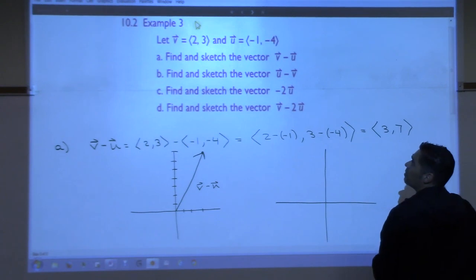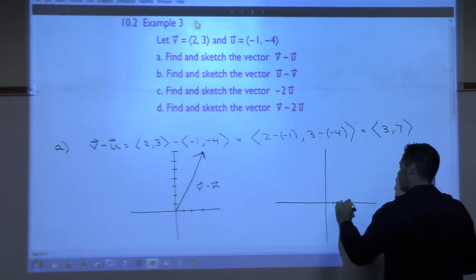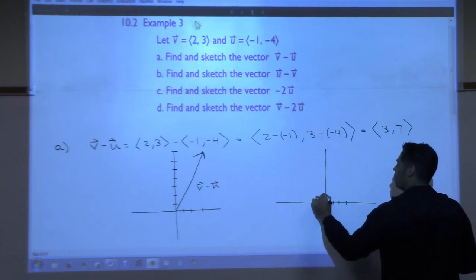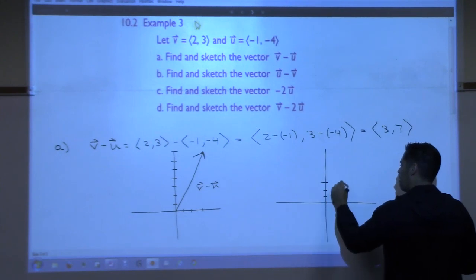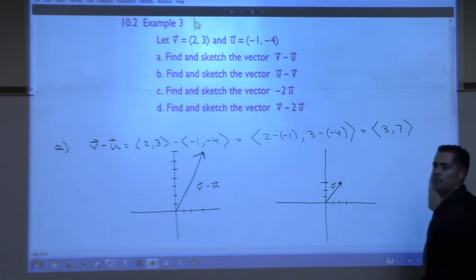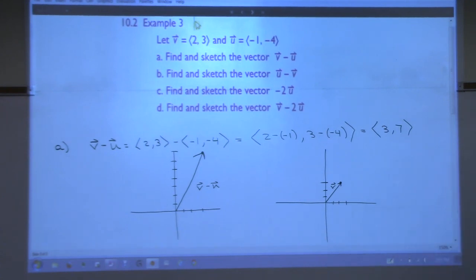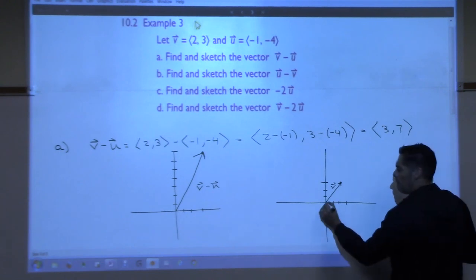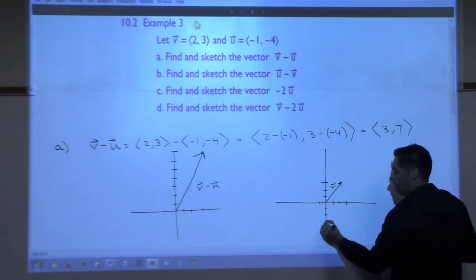What if I put the vector v up here? That's vector v, isn't it? 2, 3. The vector u is the vector negative 1, negative 4. I'll do this one in blue.